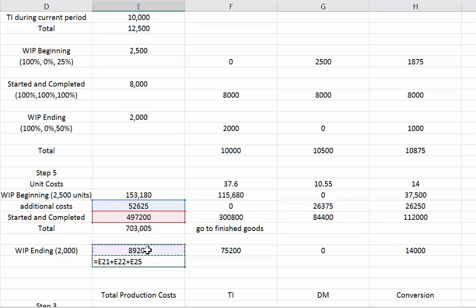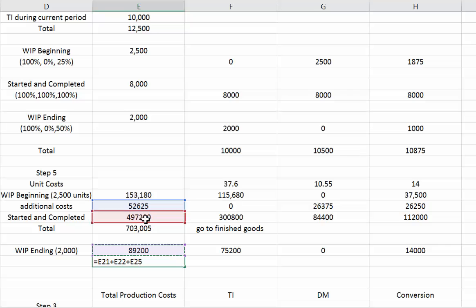The reason I'm adding these three numbers is that I want to verify the total should be the given number in the question, the total investment during the current period, because this 153,180 has nothing to do with these additional costs. These additional costs basically tell you that I'm going to use 52,625 to complete the previous leftover.